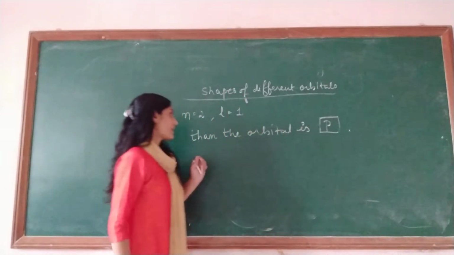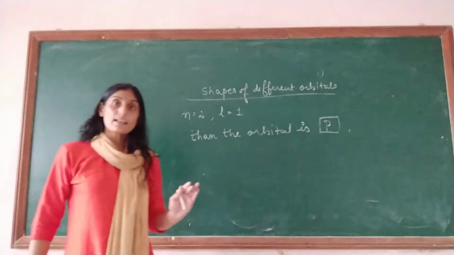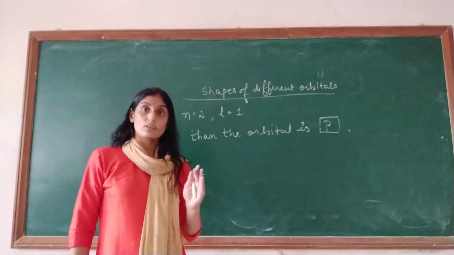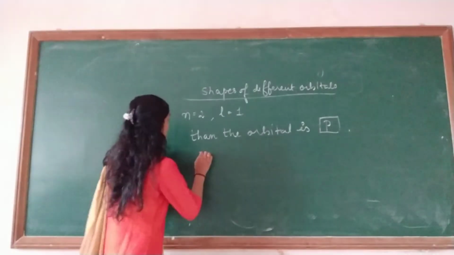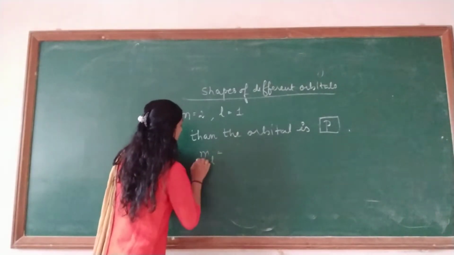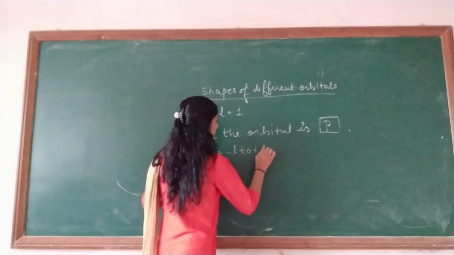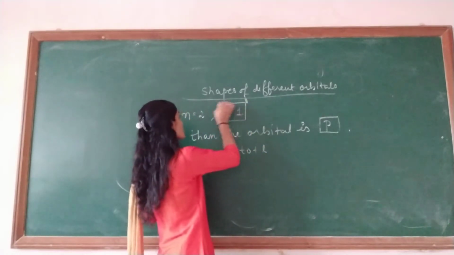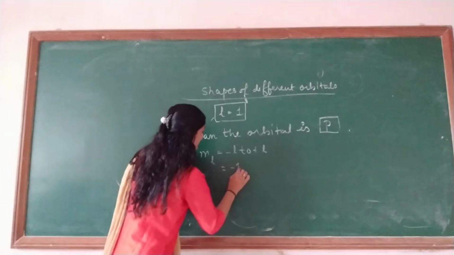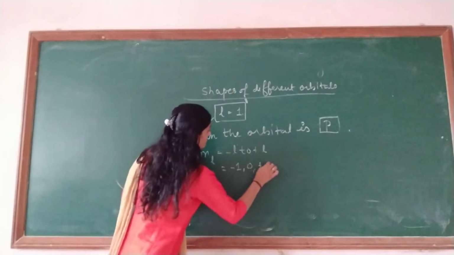Now, is there any orientation for the p orbital in any of the axes? It is found out by m l. The value of m l is from minus l to plus l. Here l is equal to 1, so we write minus 1, 0 and plus 1.